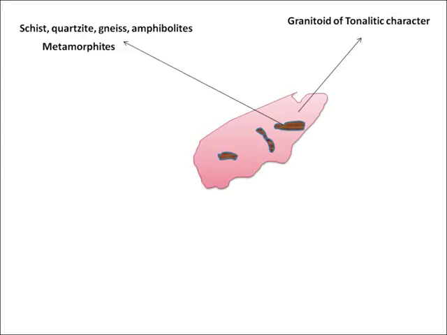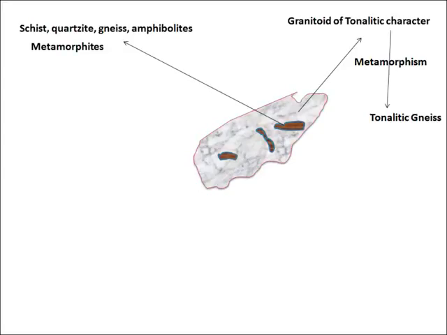Now assume a situation where both of these rock units have been subjected to intense metamorphism, such that granitoids become gneiss. Since the original granitoids are tonalitic in character, let's call it tonalitic gneiss. In this scenario, now both of the rocks become metamorphic in nature.